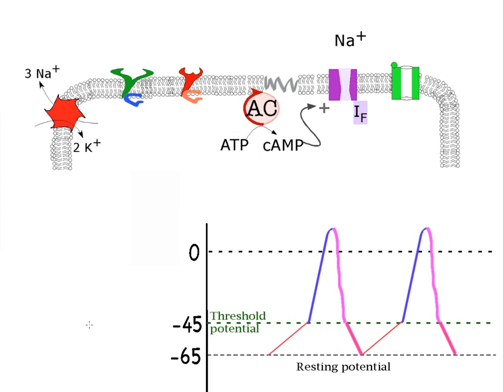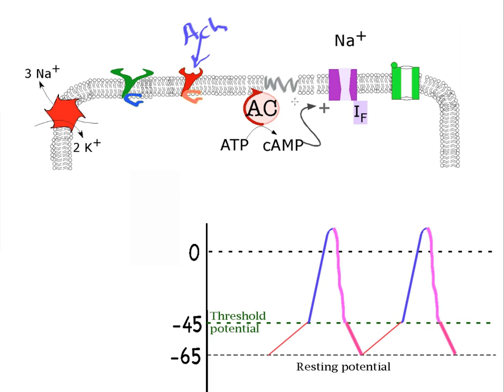Now let's look at what happens if you add signal from the parasympathetic nervous system. So before we showed that norepinephrine, which is the neurotransmitter sent by the sympathetic nervous system, will increase the pulse rate. Acetylcholine is the neurotransmitter that the parasympathetic nerves will deliver.